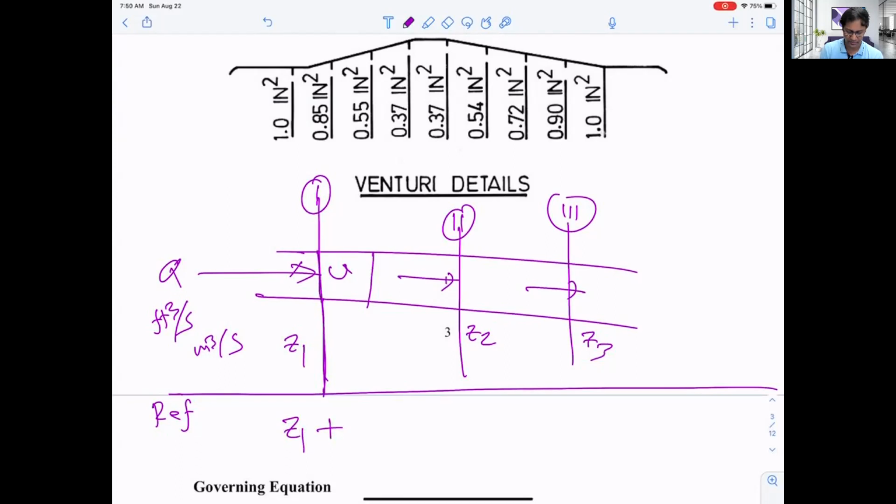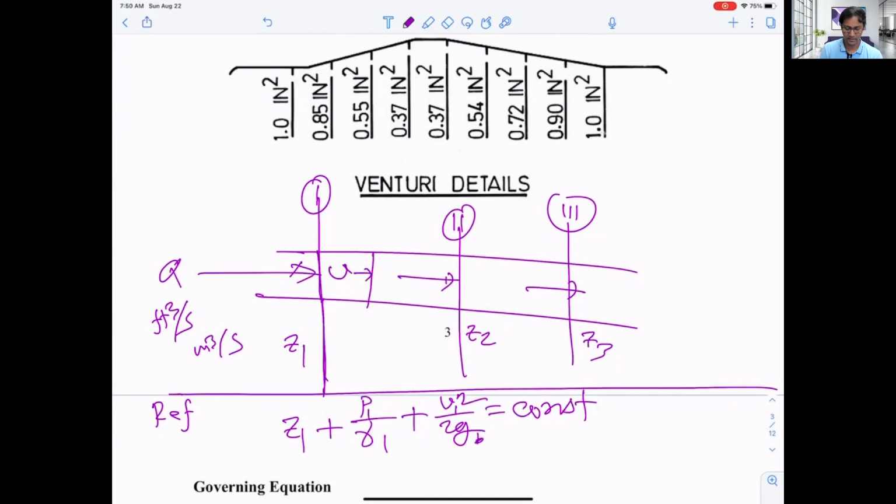It is called pressure head, P over gamma. Plus, since the water is flowing with a velocity v, definitely there will be kinetic energy. We call it v squared over 2g, and this amount is constant, right? At every section, section 1, section 2, section 3, everywhere, this will be constant.